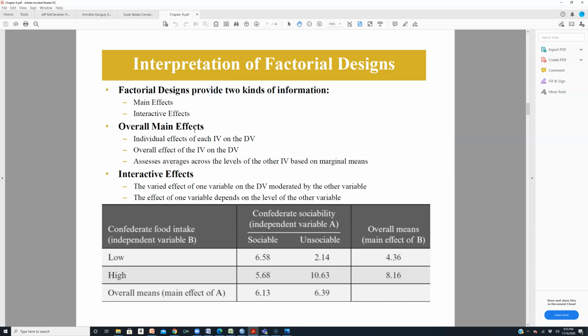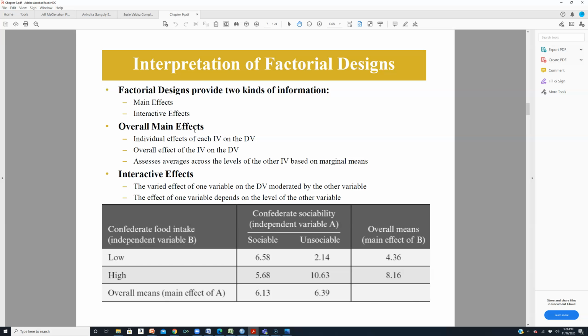So when the effect of food intake of the peer on my food intake depends on the other IV, in this case, the level of sociability, I will eat more when they're unsociable and less when they're sociable, then that means that there's a significant interaction.